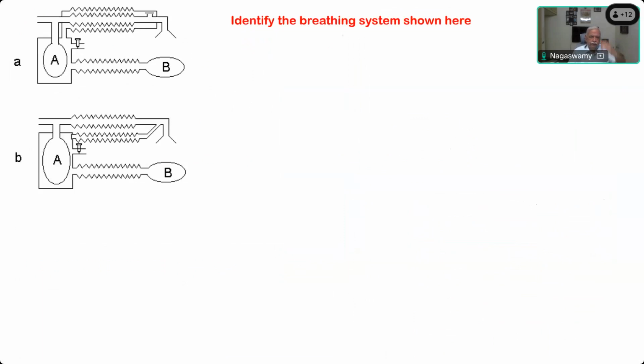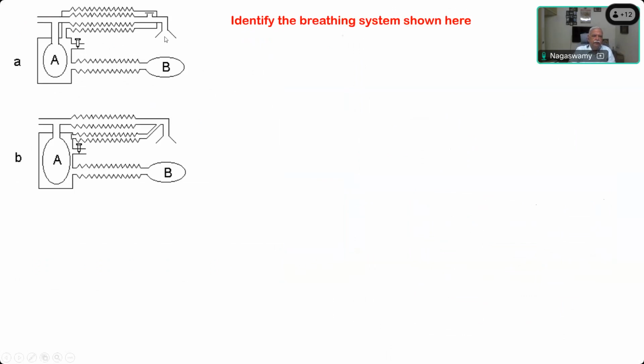Now identify this breathing system. This is a little bit difficult. I wouldn't say it will be easy for all of you, but at least try to attempt, and tell me the parts. This is the patient end.